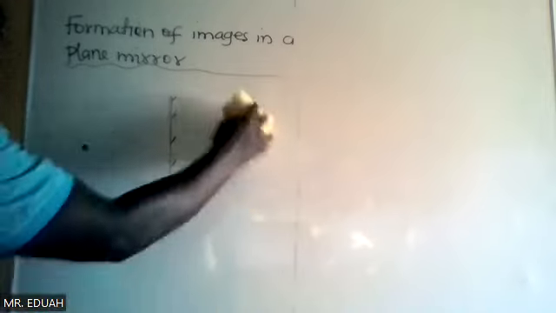Let's begin with what we call point objects. A point object is an object which looks like a dot or point. So how do I use a ray diagram to form the image of this point object? Here we look at an extended object.